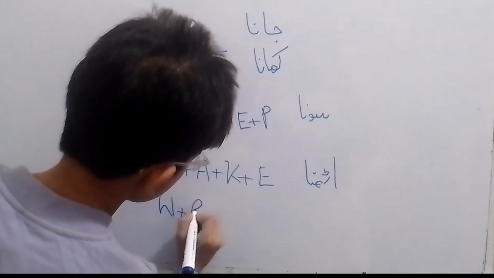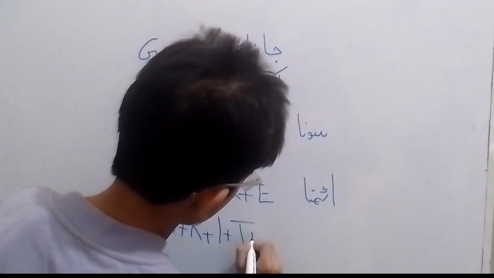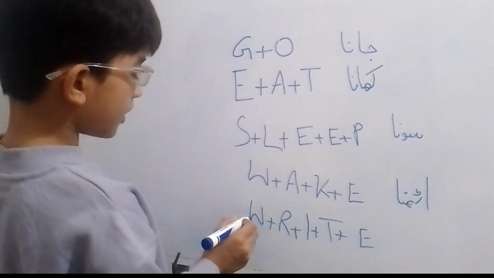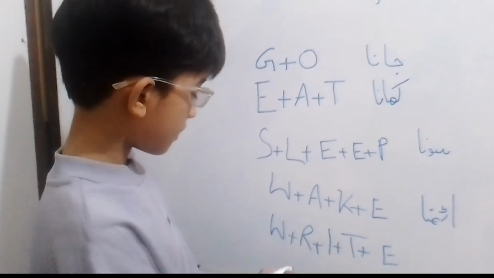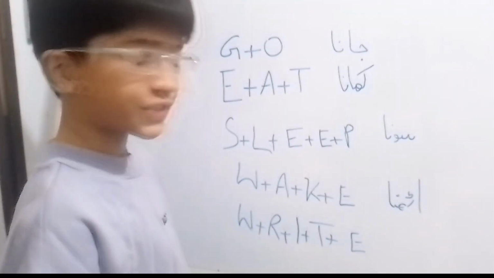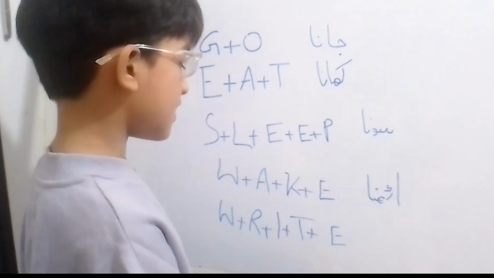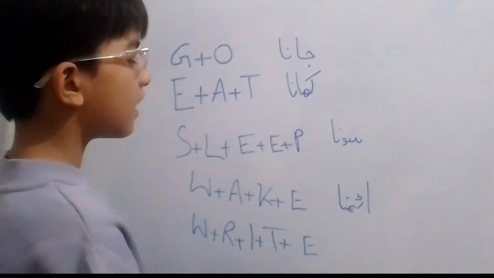Right. W plus R plus I plus T plus E. W is silent, R sounds R, I sounds I, T sounds T, and E is silent. Right.